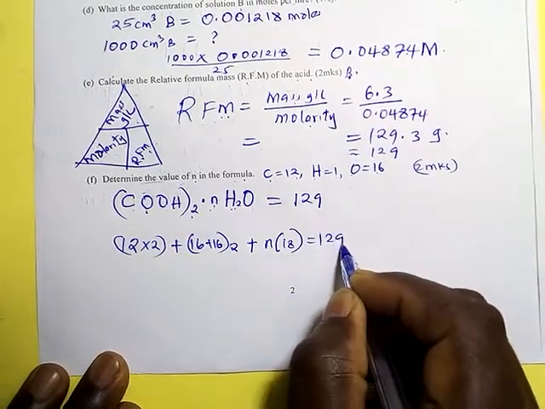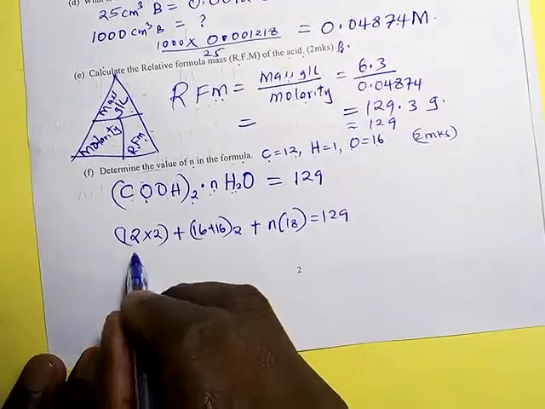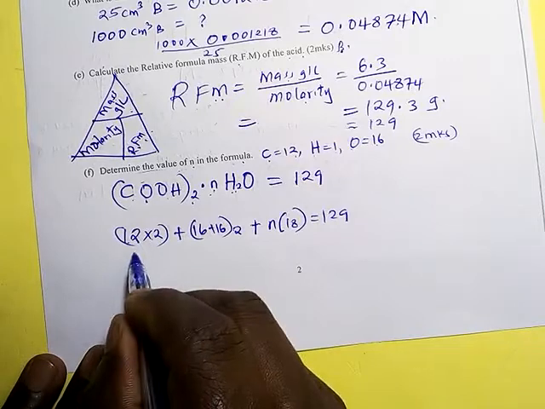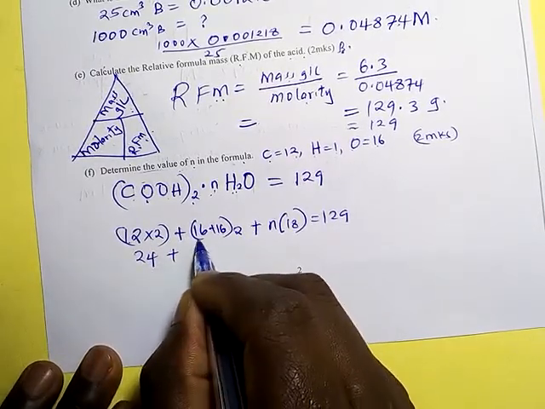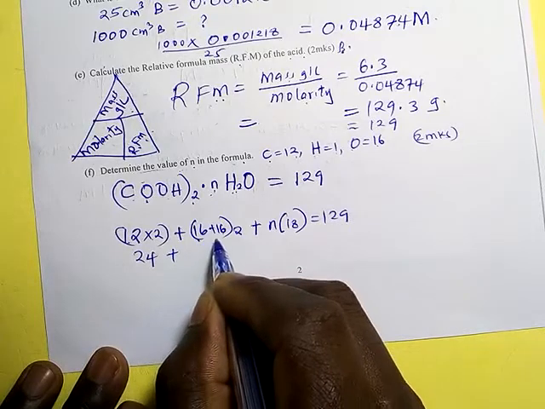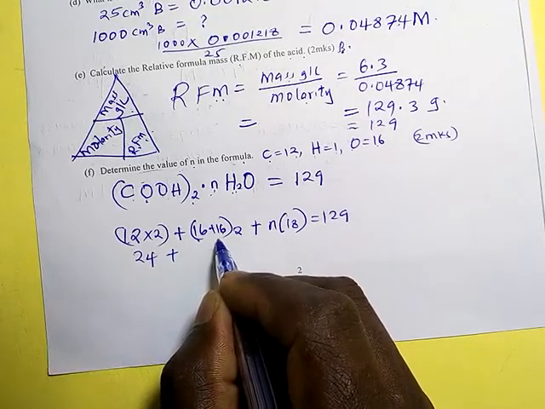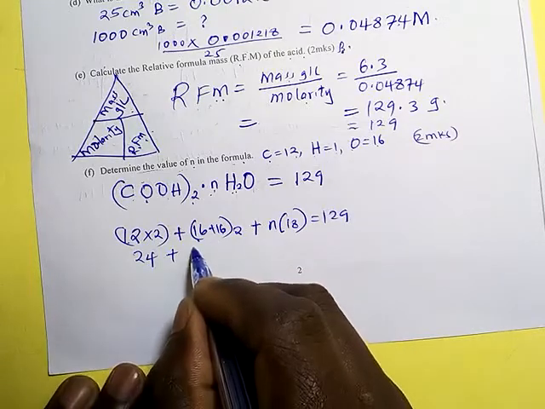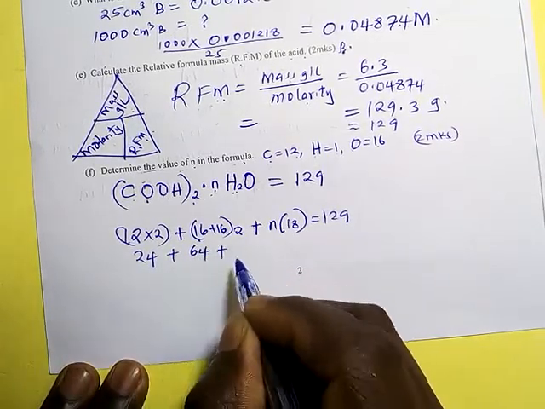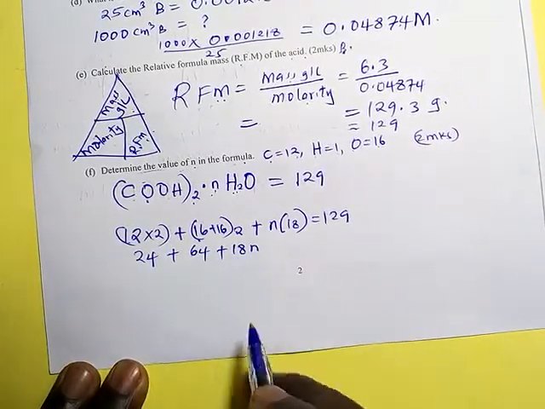It's equal to 129. So this is 24. This is 32 times 2, 64, plus 18n.